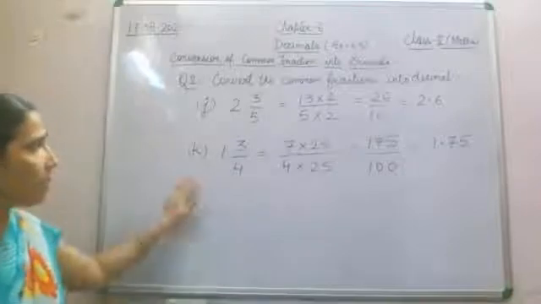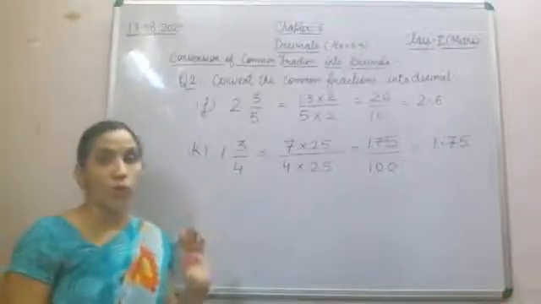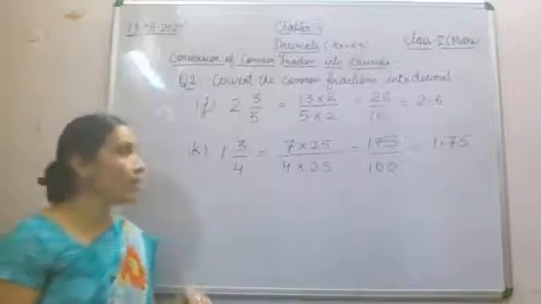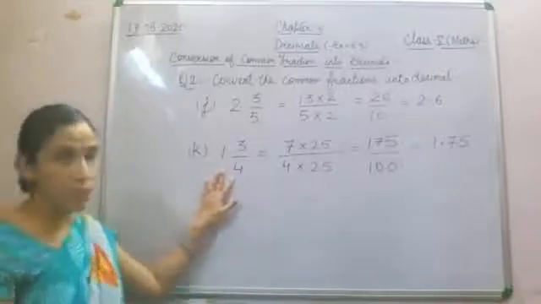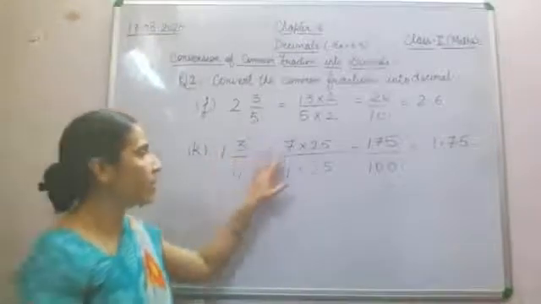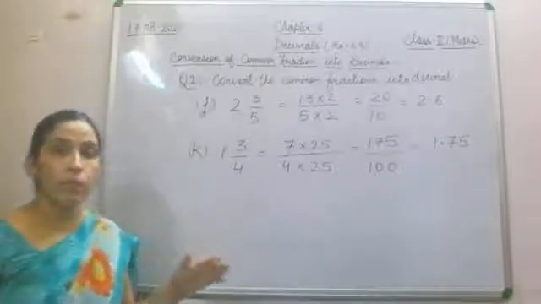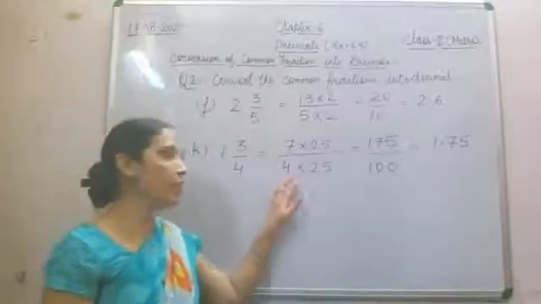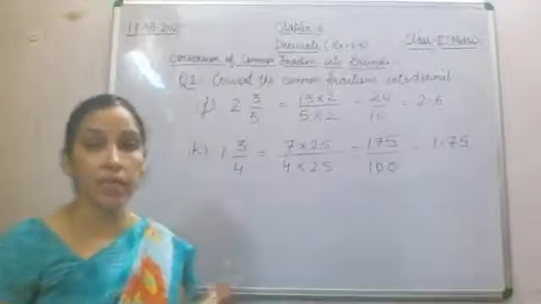So what have we done? In this K part, you have been given a mixed fraction 1 3/4. Now what is the first thing we are supposed to do? We change it into an improper fraction: 4 ones are 4 plus 3, 7, that will become 7/4. Now what is the next step? We have to find out which number 4 will be multiplied by so that we get 10, 100 or 1000 in the denominator.